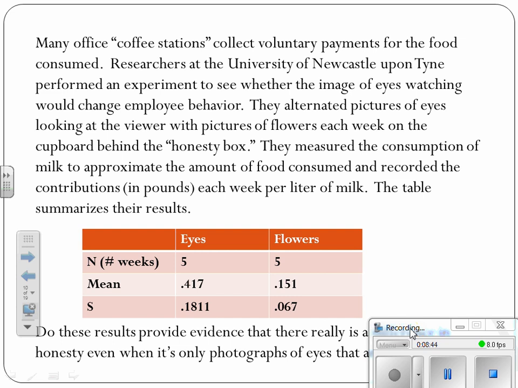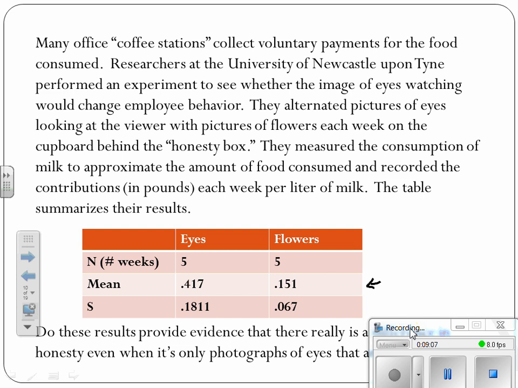What they're looking at is whether people are more honest if there's a perception of people watching them. They came up with this kind of weird statistic that incorporates how much consumption there was as compared to the contributions per liter of milk.